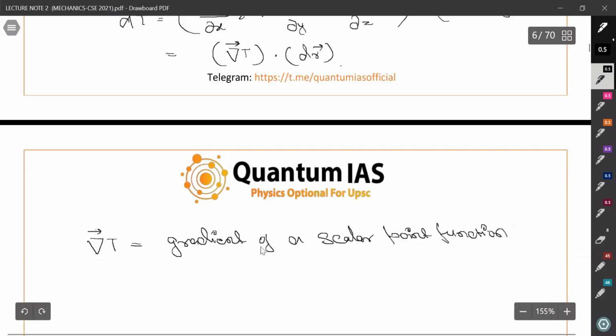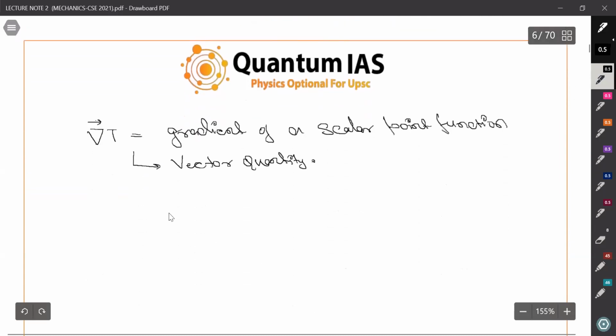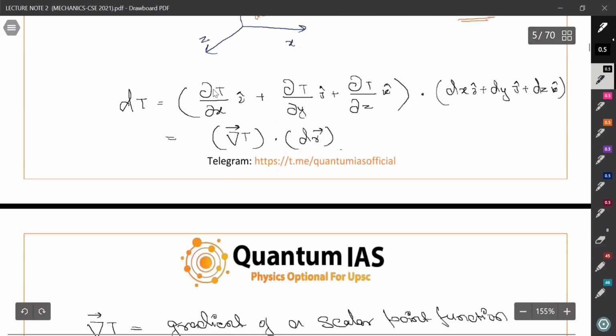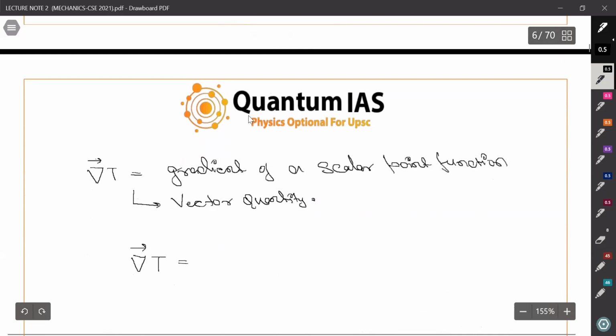Okay, this is the gradient of a scalar point function, and it is also a vector quantity. So you can write this. This dt is what? Check it from here. That was del t by del x i cap, where t is a scalar function.